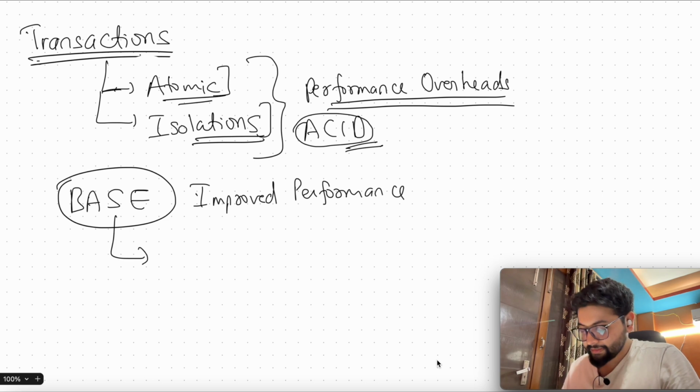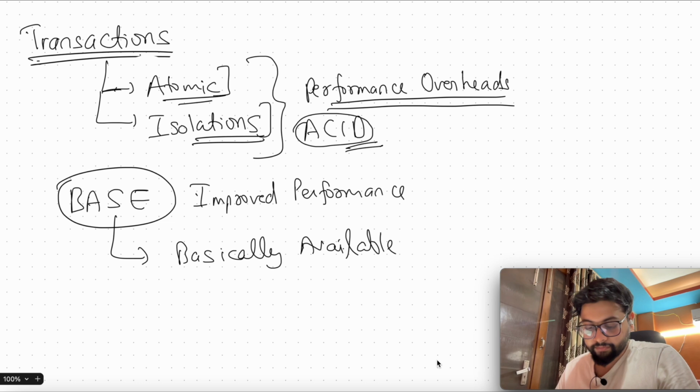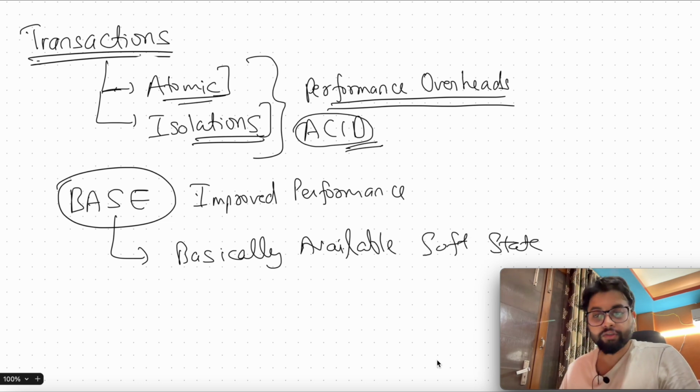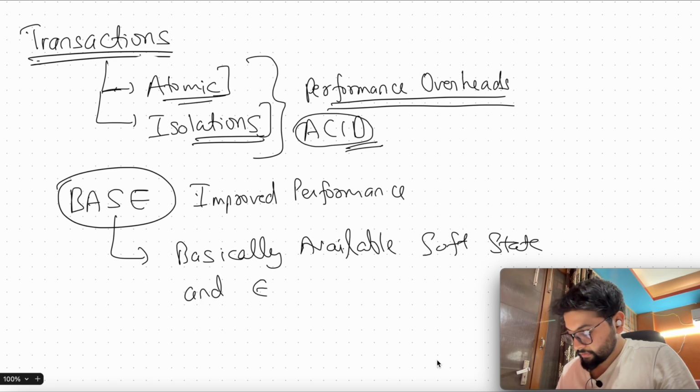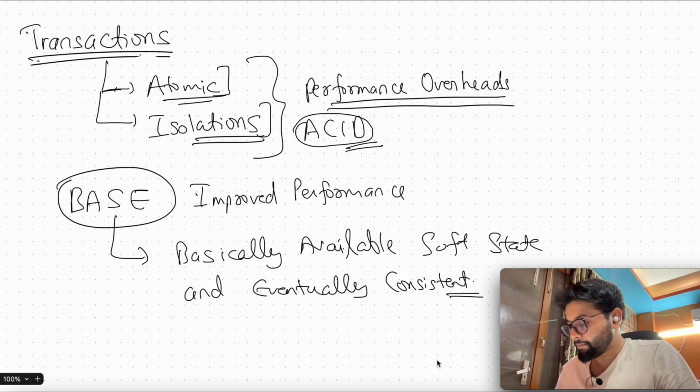And what BASE is, as the name suggests, it is basically available, it's a soft state, and eventually consistent. Since ACID properties make sure of strong isolation, a strongly consistent system, the BASE method performs as an eventually consistent system.